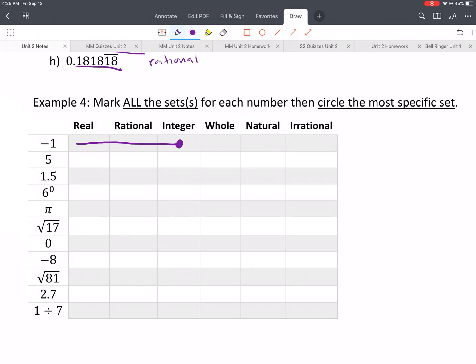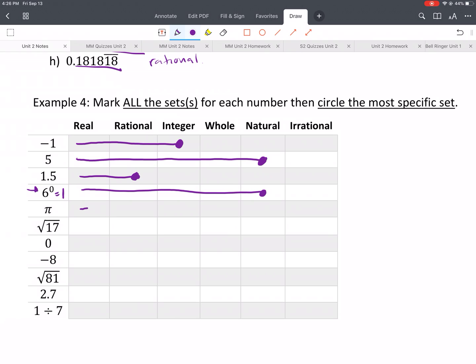It's not whole because it is negative. 5 is a whole number, and it's also a natural number because it's not 0. 1.5 is a decimal, and it can't be simplified to make a whole number or an integer. 6 to the 0, remember anything to the 0 is 1, so that brings us all the way to natural. I had a lot of students say that 6 to the 0 is 0.